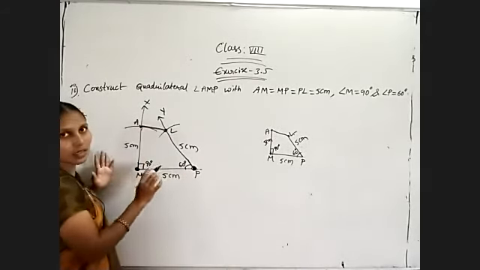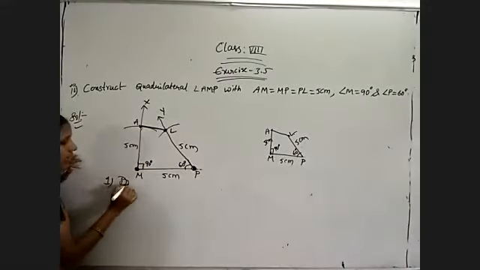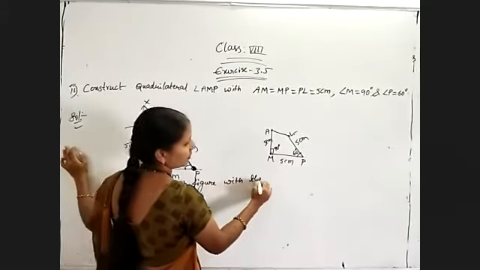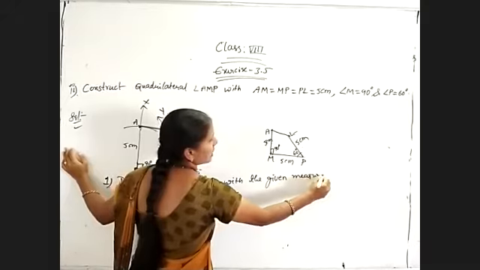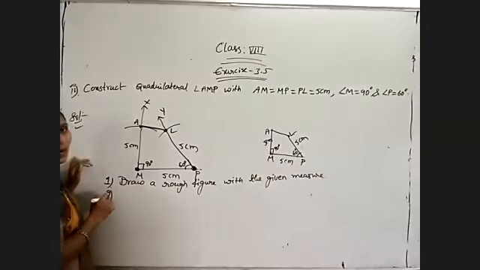That's all. So what we did first: draw a rough figure with the given measures. And second point, what did we do? According to the rough figure, we are constructing the quadrilateral.